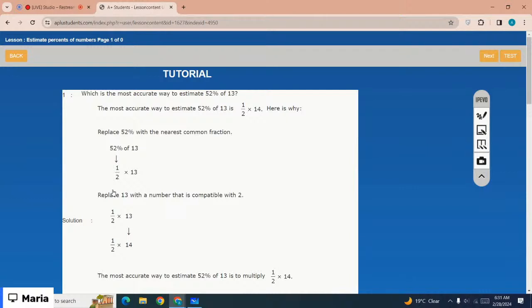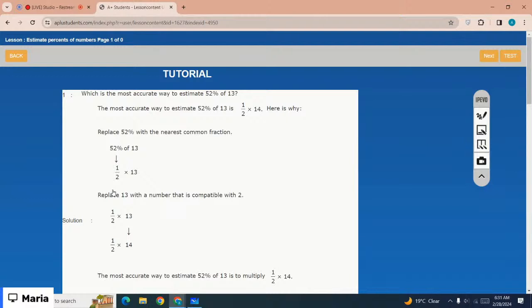You don't need to calculate the exact answer. So 52% is almost near to 50%, right? And 13, would you move 13 to a compatible number? That would be 14 because you can divide 14 by 2.